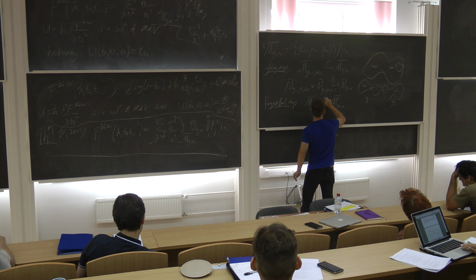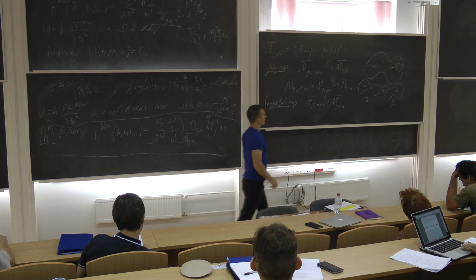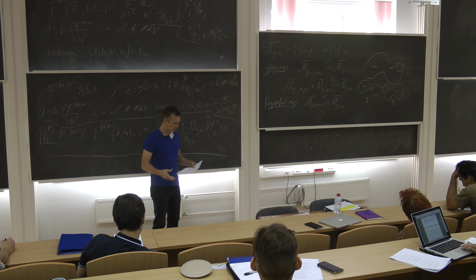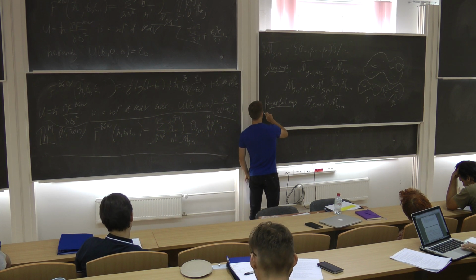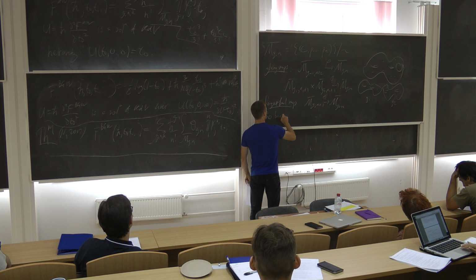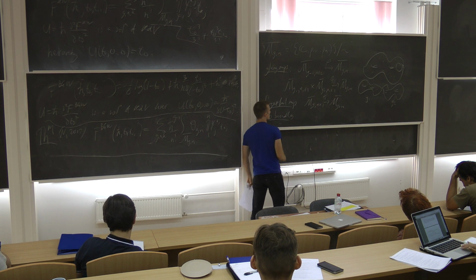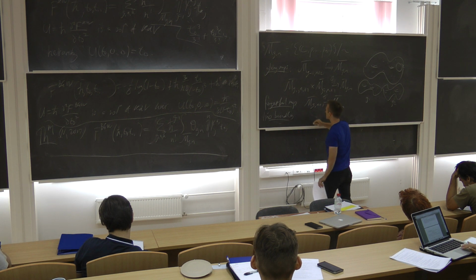Okay, there's the forgetful map, which forgets the final point and perhaps contracts some unstable components. And I have some line bundles, tautological line bundles. These are in Maxim's talk, the first talk today.